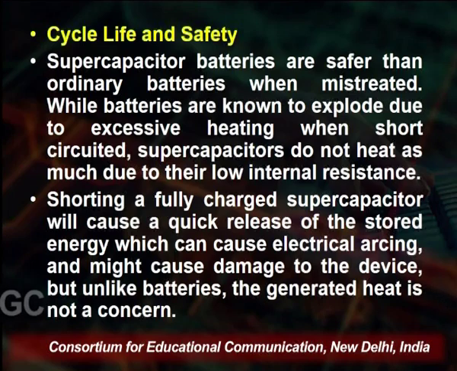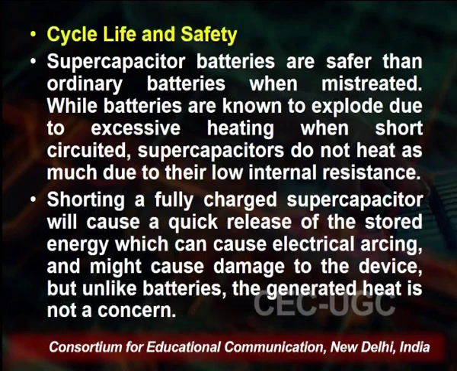Batteries are known to explode due to excessive heating, but short circuited supercapacitors do not heat as much due to their low internal resistance. So, supercapacitors are safe as compared to other batteries. Why? Because they have a low internal resistance.